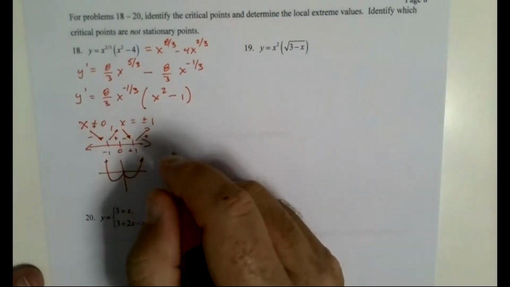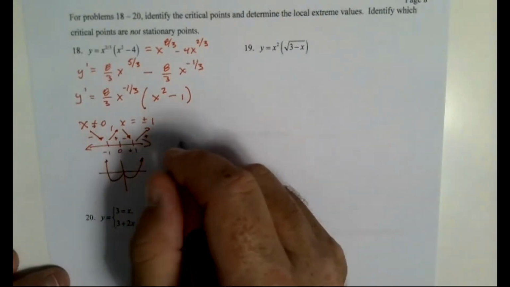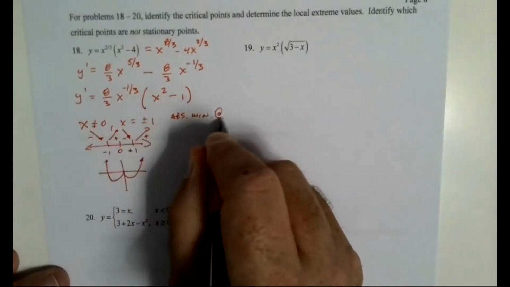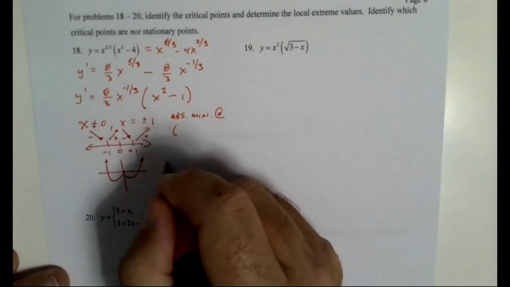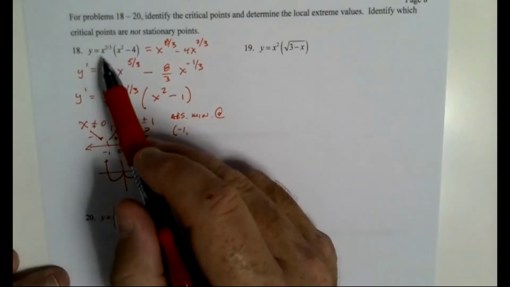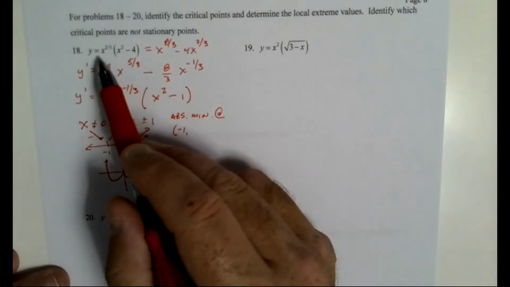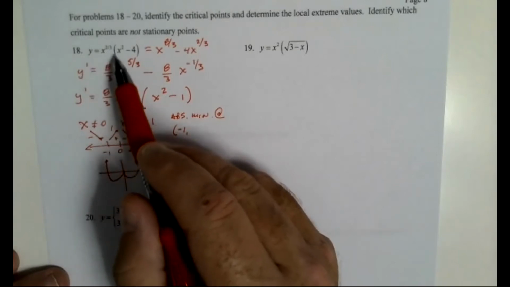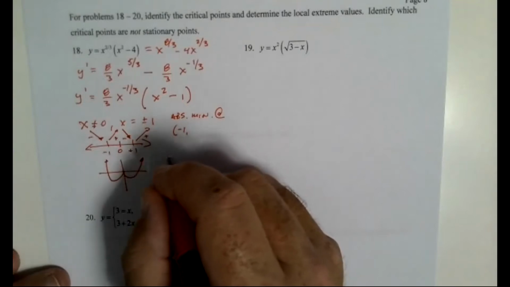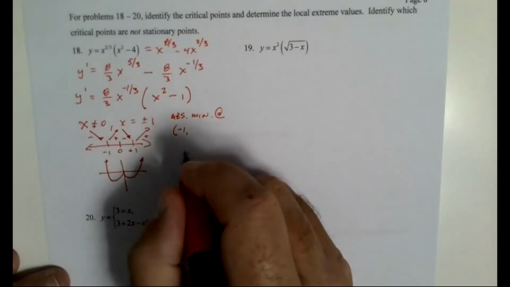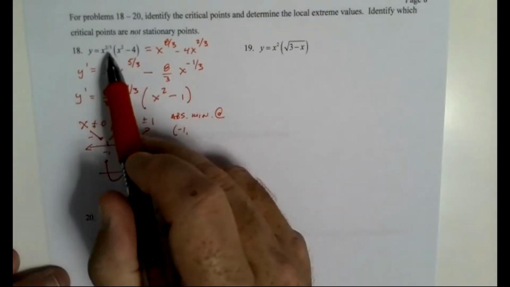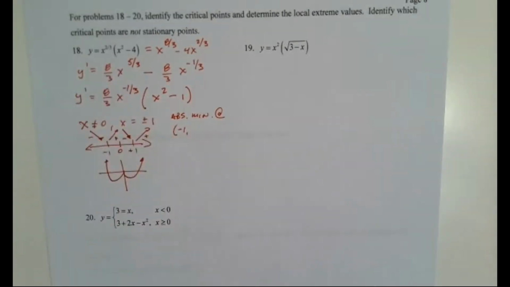Right, so we have an absolute min at 2 spots. -1 comma, plug it into the original equation, and we get out 3. That's +1. -3, I should say. Oh, I don't trust my brain.